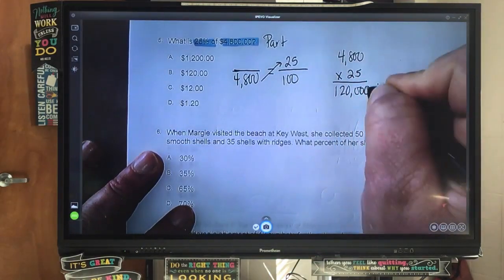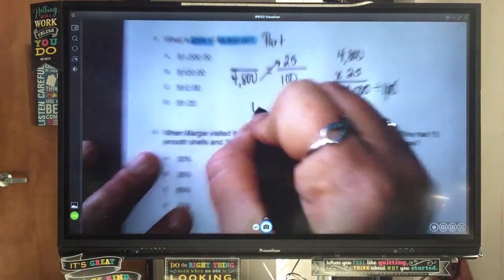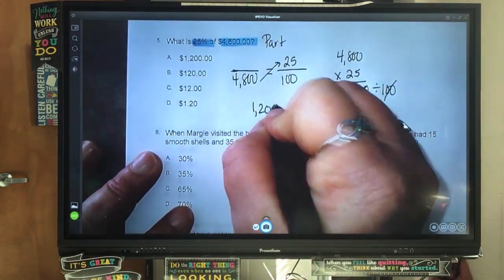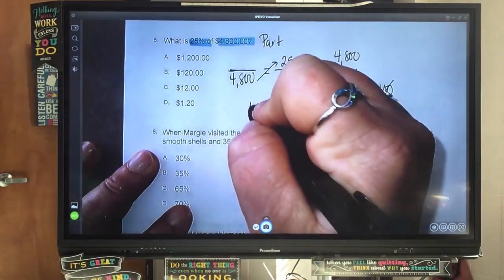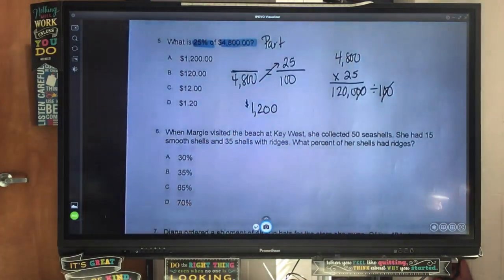So cross off the zeros and you end up with 1,200. Okay, 1,200.